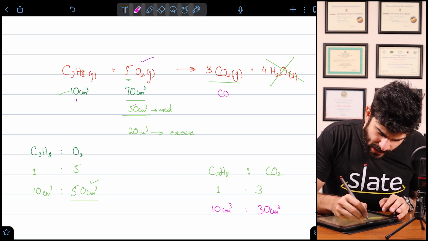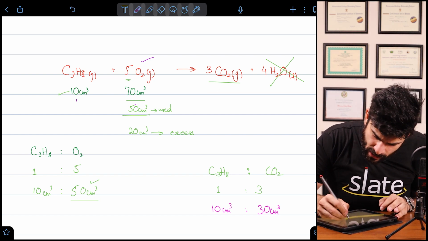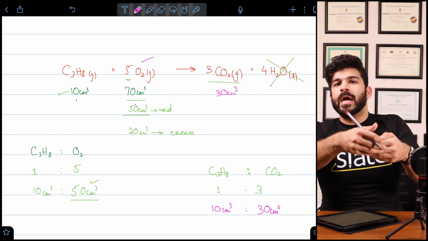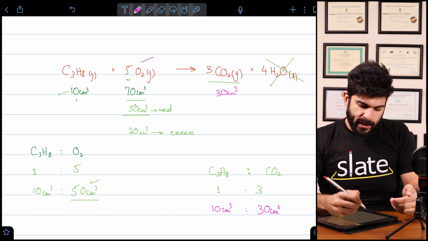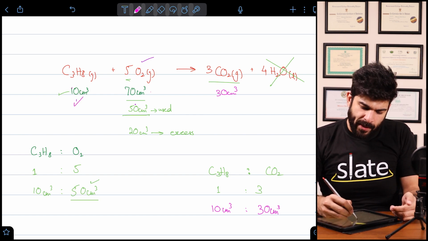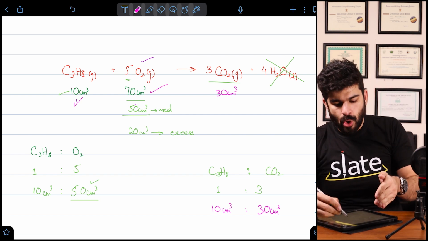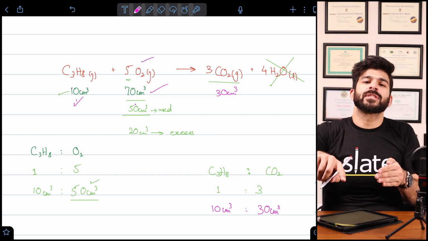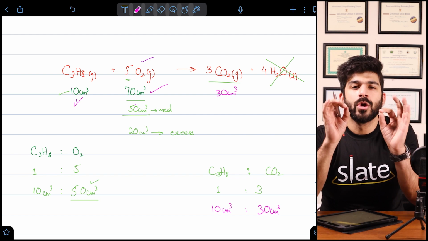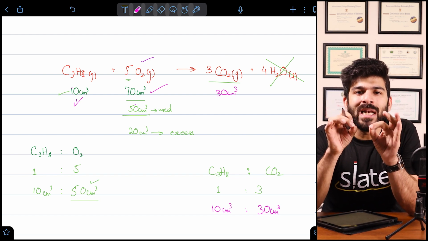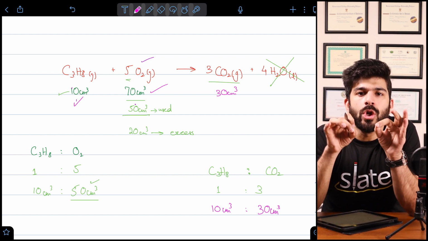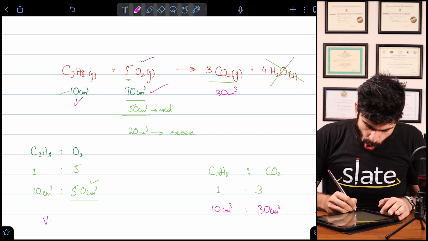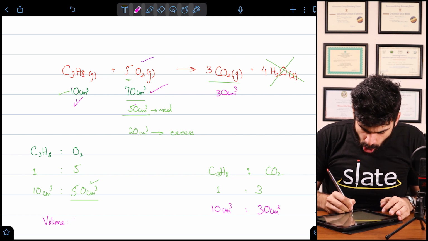So that is where I tell you that we will directly do the volume ratio. If you want to try, you can convert these values to moles: moles of propane, moles of oxygen, then moles of carbon dioxide, then multiply that with 24,000 centimeter cube. That's a long process. In the case of the volume of gases, you are allowed to just make the direct volume ratio.